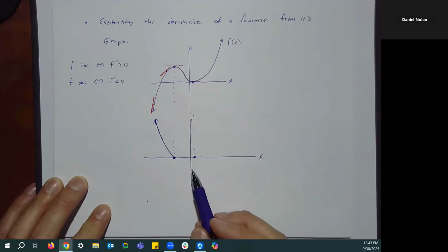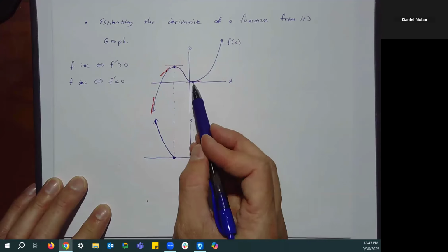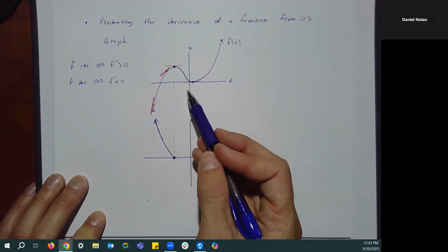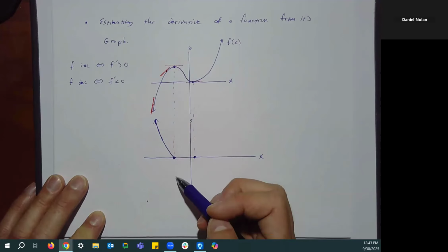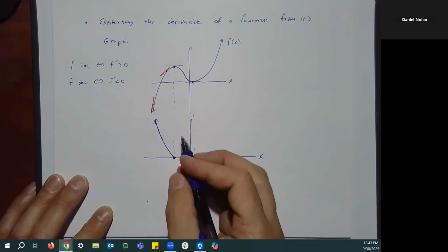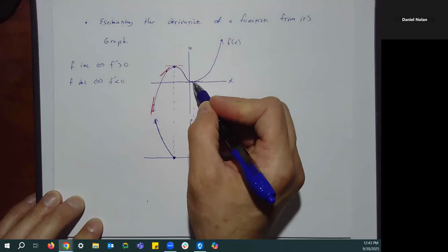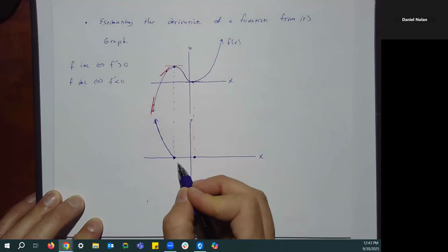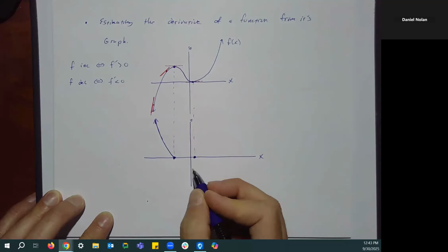Now, between this point and that point, my function is decreasing, which means my slope, my derivative, should be negative. But when I get back to here, my slope should be 0 once again. So from here to here, I have to go negative and then come back to that point.